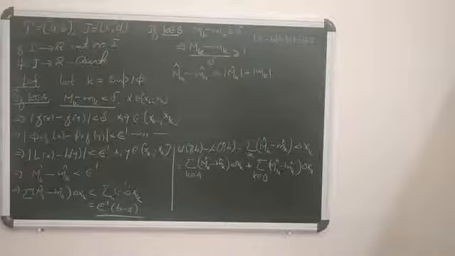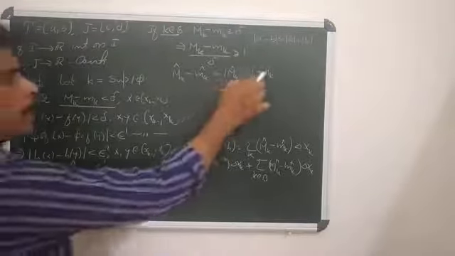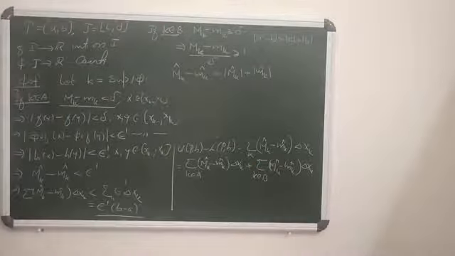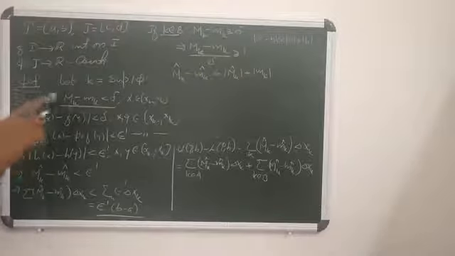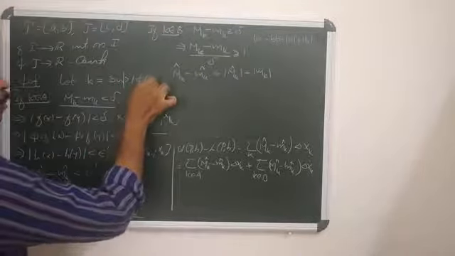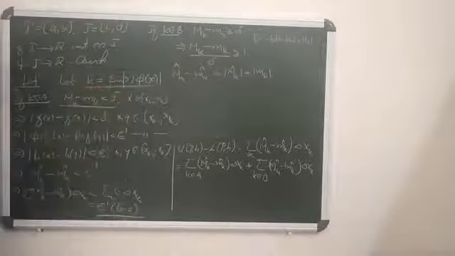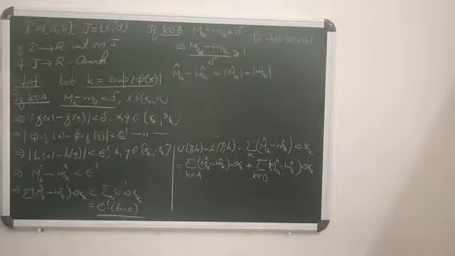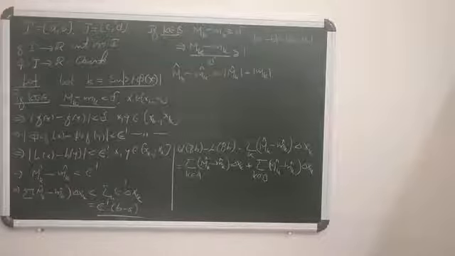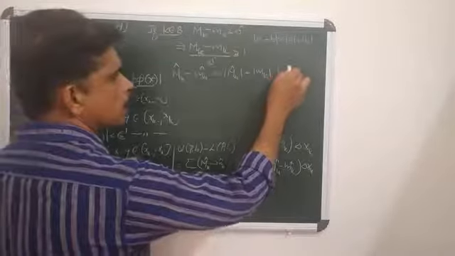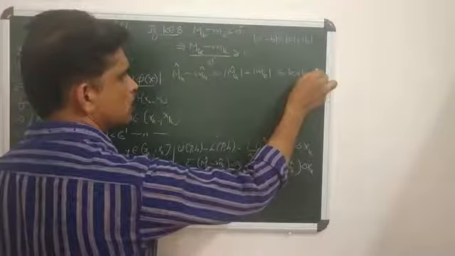Since they are positive, M_k cap minus m_k cap is less than or equal to mod M_k cap plus mod m_k cap. What is K? K is the supremum of mod of phi of x. This is K. M_k cap is the supremum of mod of h(x). H is nothing but phi composition f. So it is less than or equal to K plus K, which equals 2K.